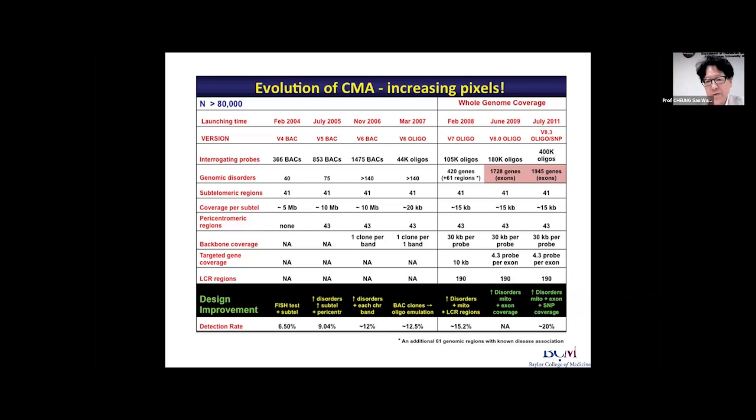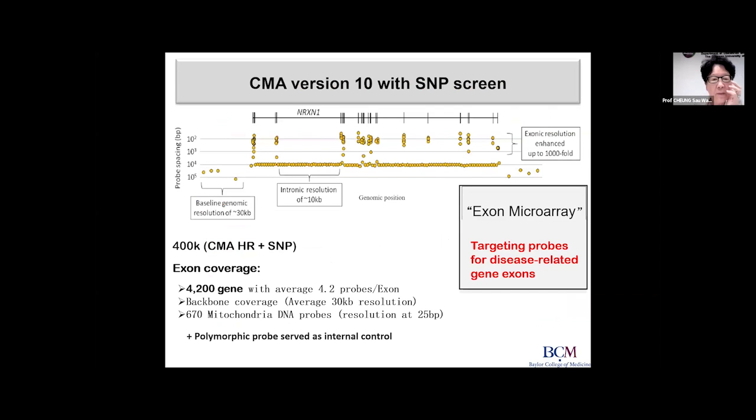By the time of 400K, we were able to put in more genes with exon coverage, and we found the genes from OMIM and put them in. At that time we had almost close to 2,000 genes with exon coverage. Here is a glimpse of our 400K. You can see this is an X-linked gene, the ARX gene, and we put the oligos into the exon region.